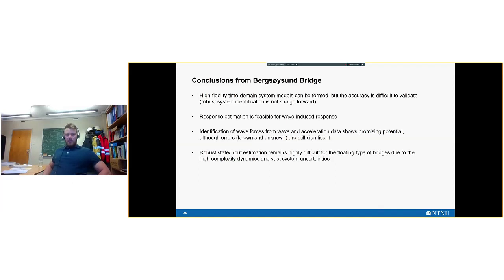At this point, we have some very large errors in our model, and some of these errors we are aware of, and we have some sources that we are probably not aware of, and this corrupts the accuracy of the wave force estimates. So for the floating type of bridges, which is a very complex case study, we think that a highly robust state and input estimation for now remains very difficult.